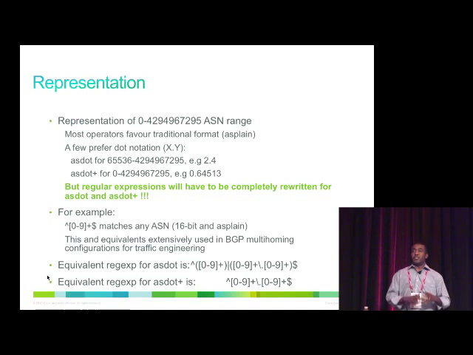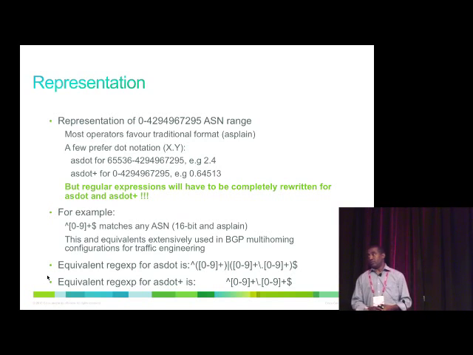AS plain, which is the entire 4-octet represented as one number. AS dot, which is the ASN represented as two 2-octets separated by a dot, but it only represents a 4-octet ASN. And then AS dot plus, representing both a 2-octet and a 4-octet ASN in a dot notation.